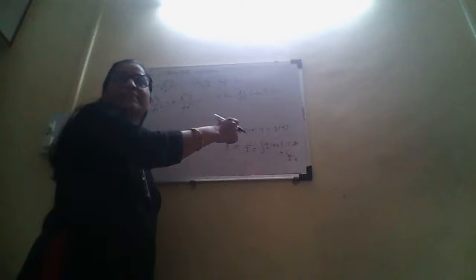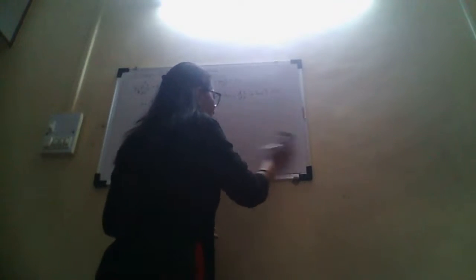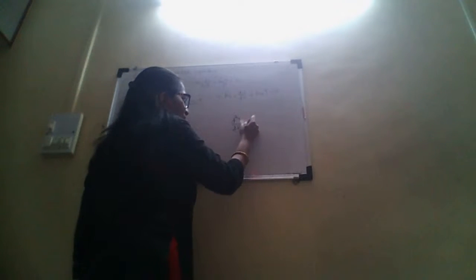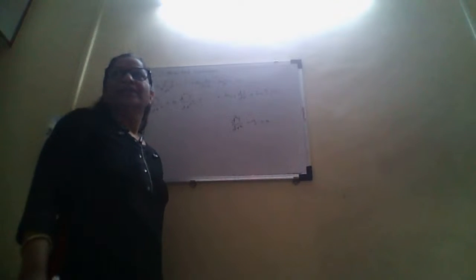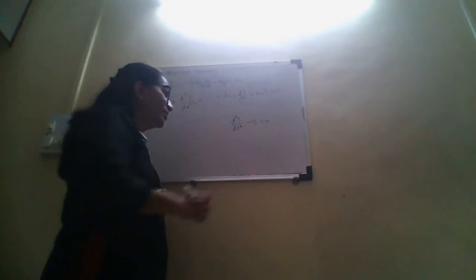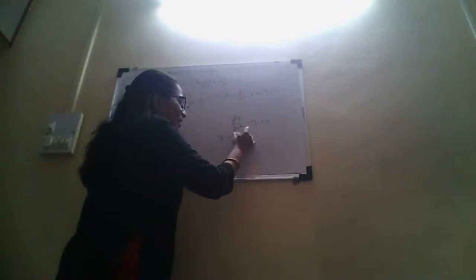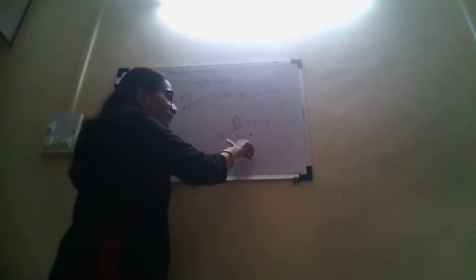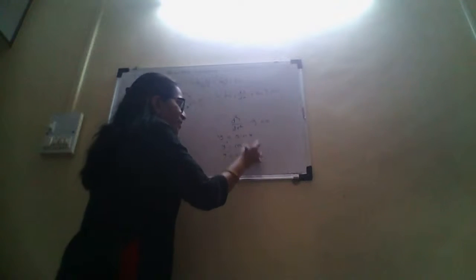Similarly, suppose we have a second order differential equation. So take a simple example. Suppose d2y by dx square minus y is equal to 0. How many solutions are possible? Suppose I choose, say, y is equal to sin x. Then the first order derivative y prime is cos x and y double prime is minus sin x.